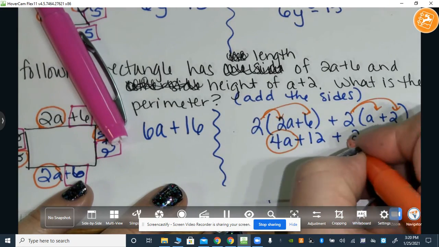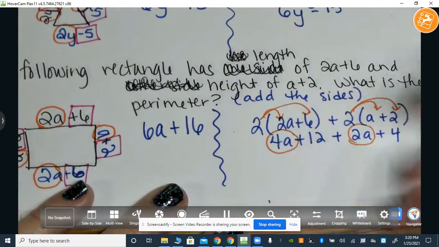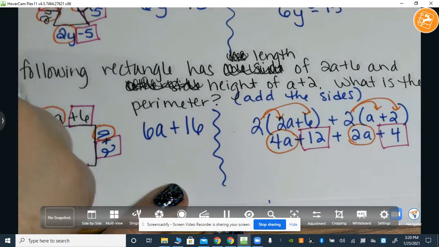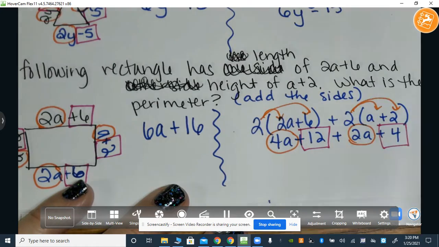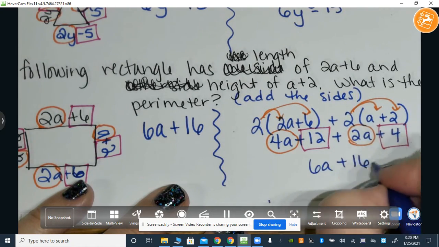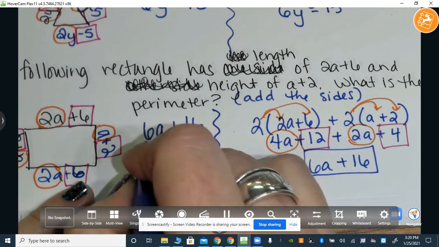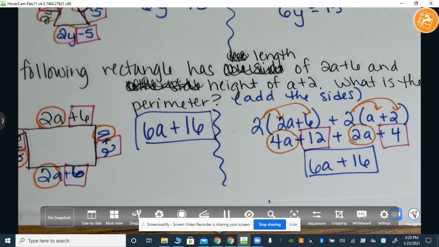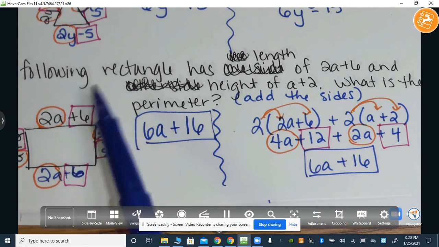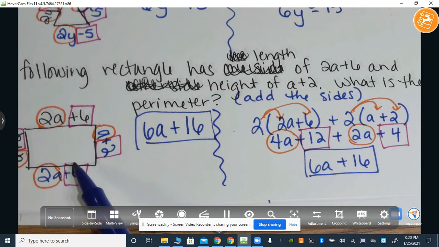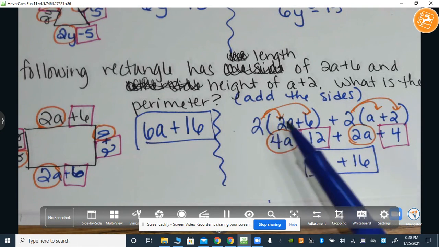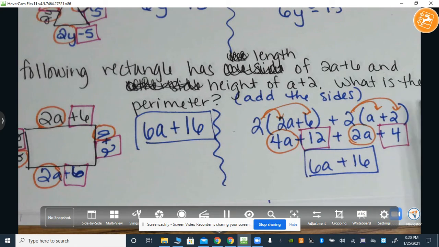I have 4a and 2a, and I have a 12 and a 4. I'm going to combine them together. Again, I get 6a plus 16. The expression stays the same. Here, I use my model to help me find my like terms to combine them. Here, I've written it out using my formula of 2 times my length plus 2 times my height to find the perimeter.